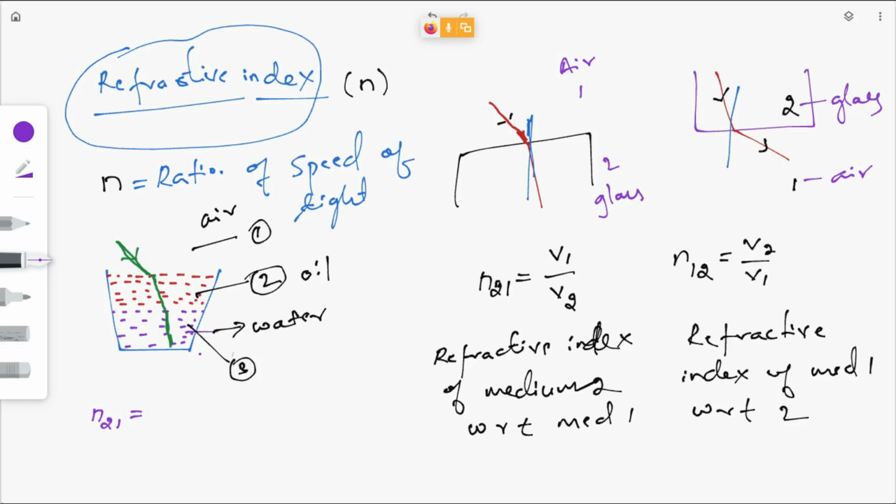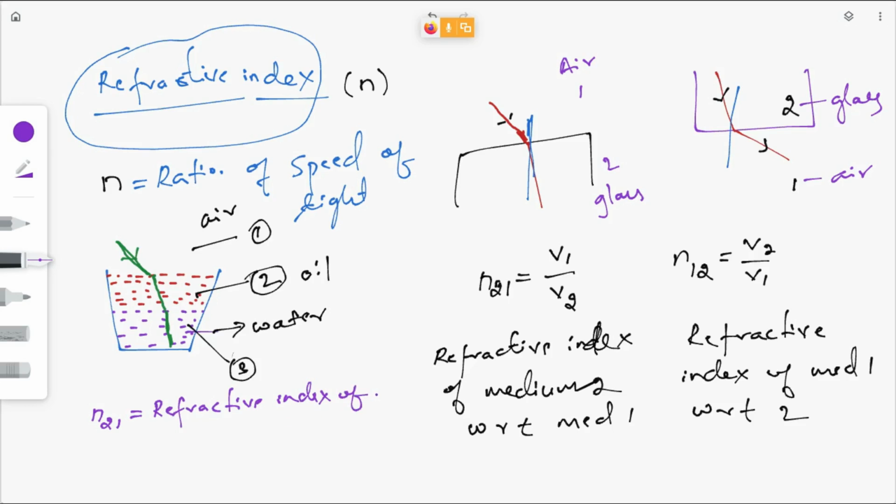Refractive index of... So v1 upon v2. Okay, very good, you can say v1 upon v2. Okay, so that is the ratio v1 by v2, or can I write this one as refractive index of... what is medium 2 here?